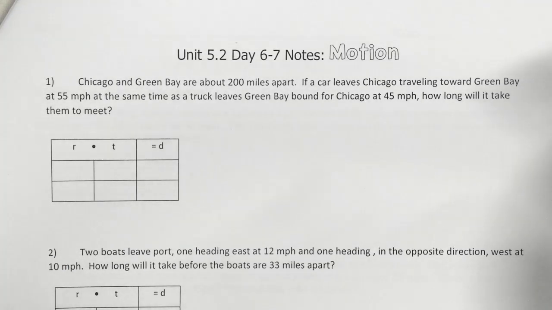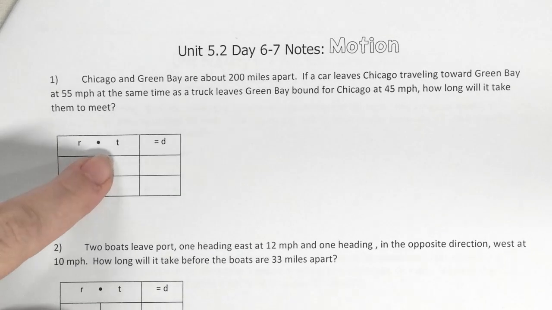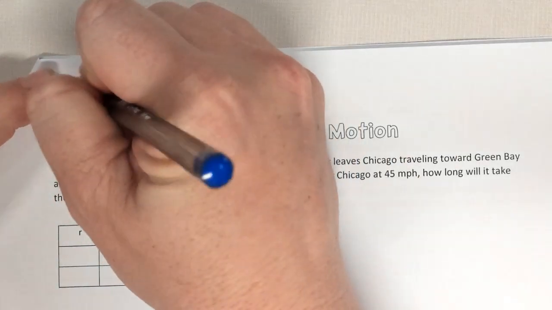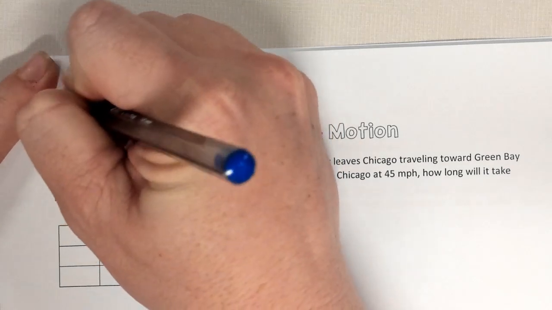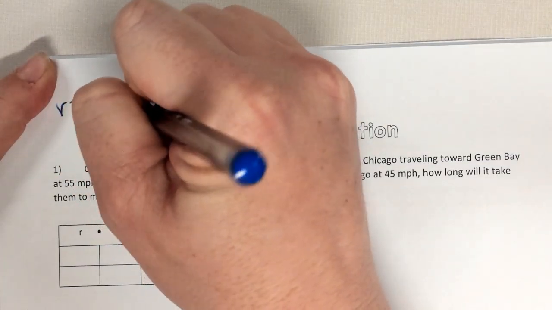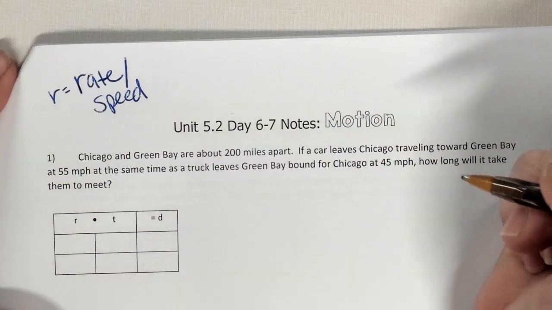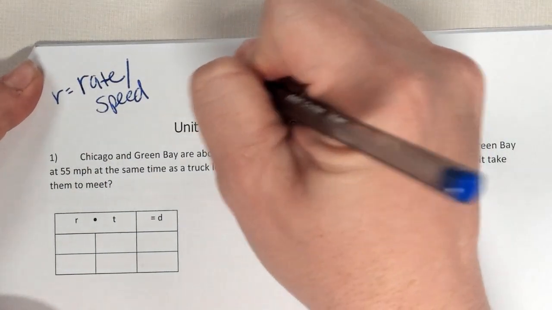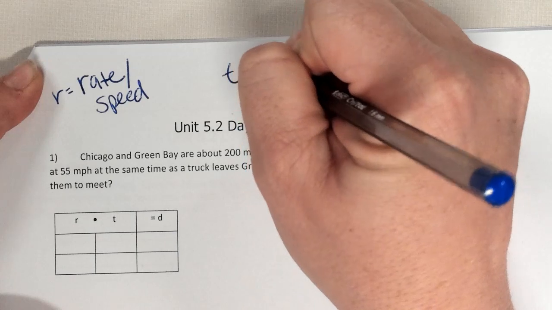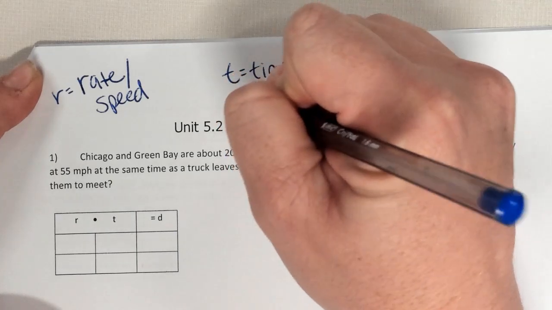Nothing fancy. Okay, so the equation we use to help us with motion is rate times time equals distance. So we know that we have r times t equals d. So r is your rate, which is just like your speed. T is your time in hours.